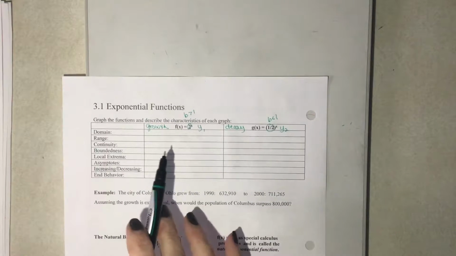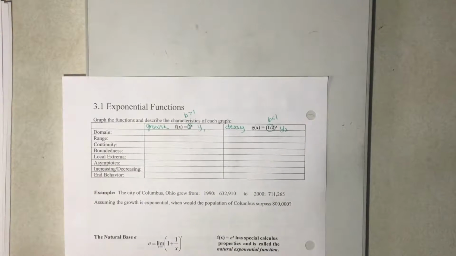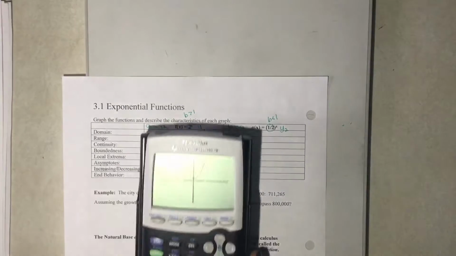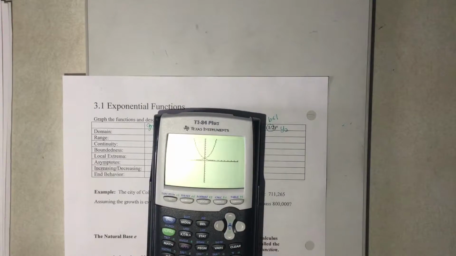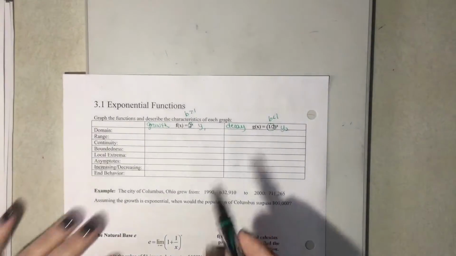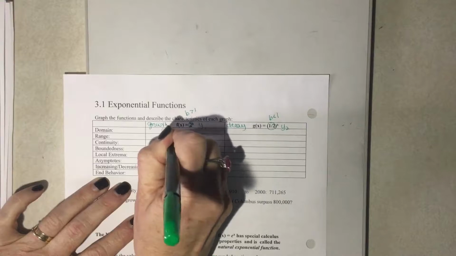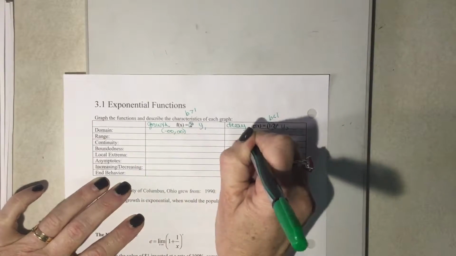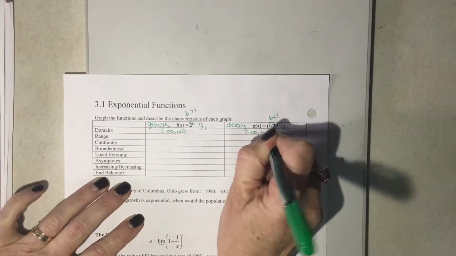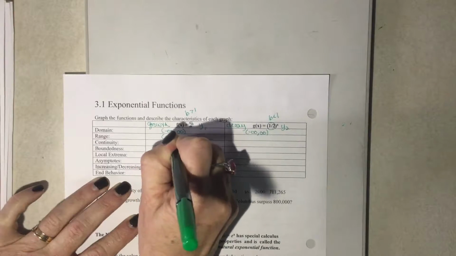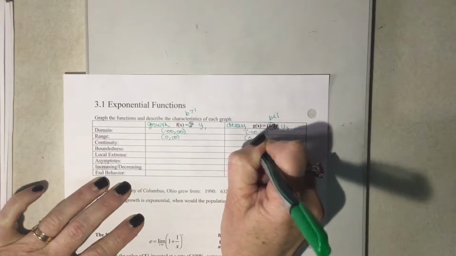All right, so the domain, once you have those graphs up, does it look like there's any restriction to my domain on either one of them? No. So similar to what we saw yesterday, our domain is going to be all real numbers, and the range also is going to be the same for both.